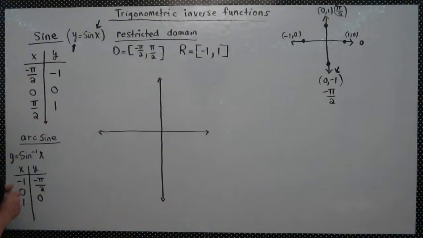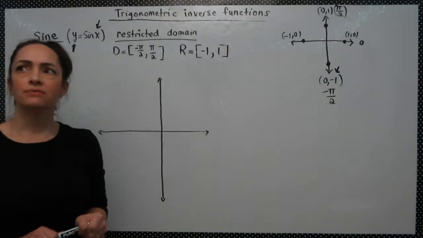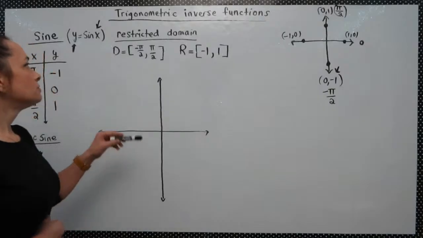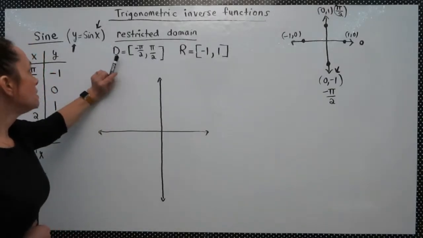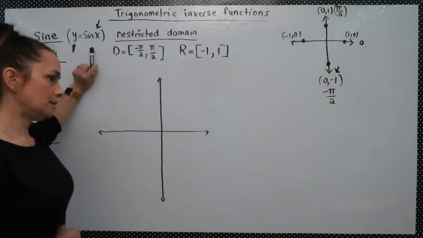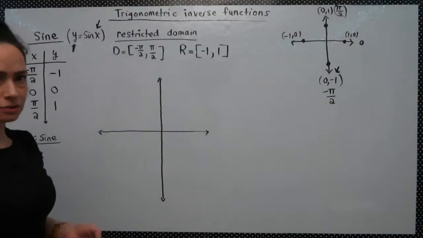And so we decided that the sine function is not a one-to-one function, so it's not invertible unless you restrict the domain. And so that's what we've done. We've restricted the domain of the sine function so that we can invert the function, find its inverse.